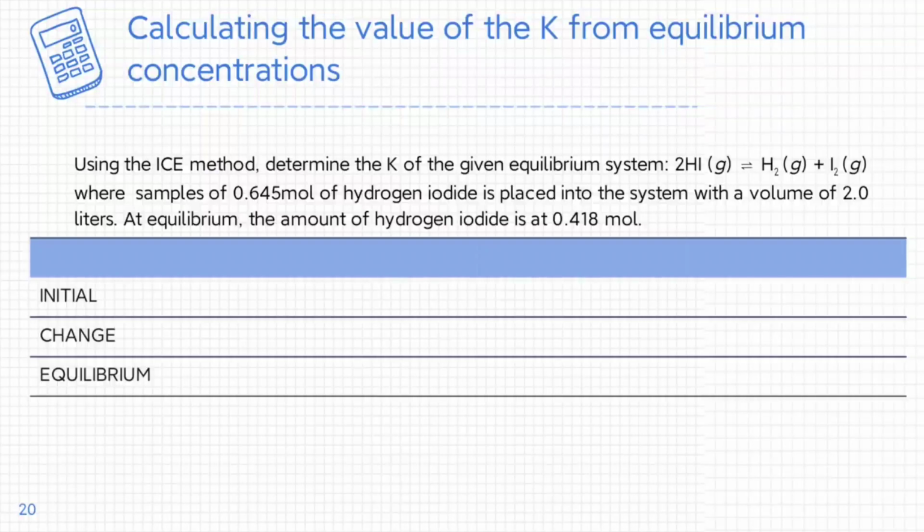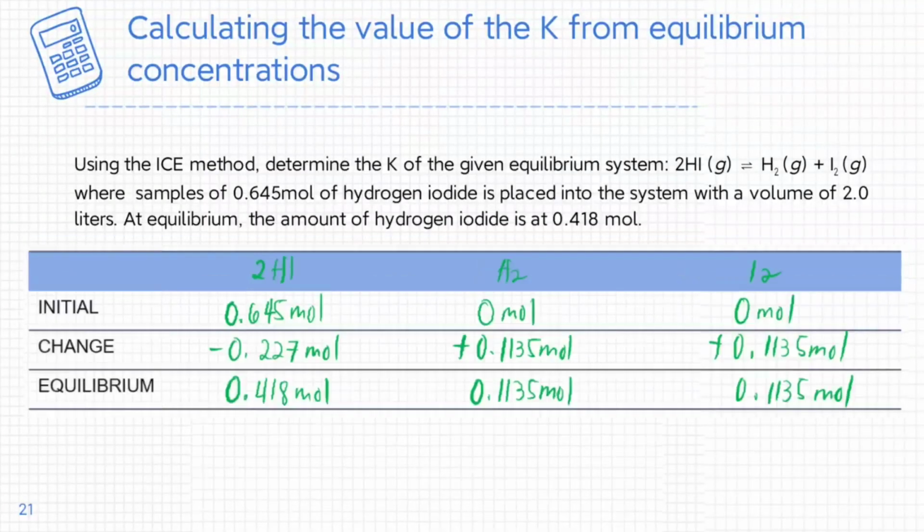And then, you complete the table. Okay? Now, if your table looks like this, that means you're correct. So, you compute for the equilibrium concentration for each of your compounds. Okay?